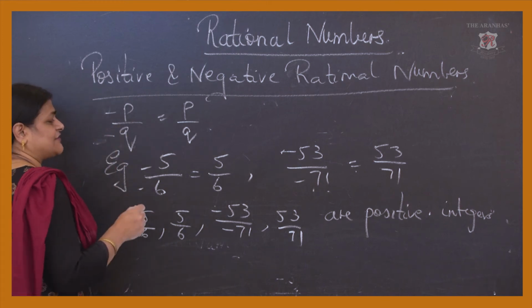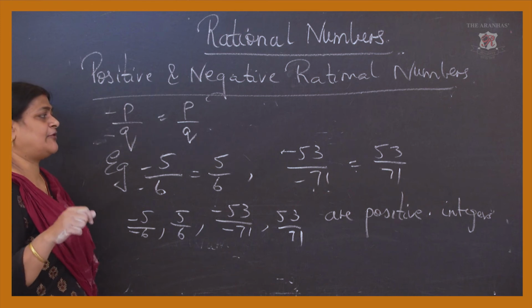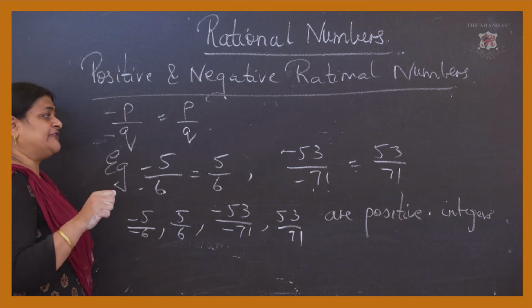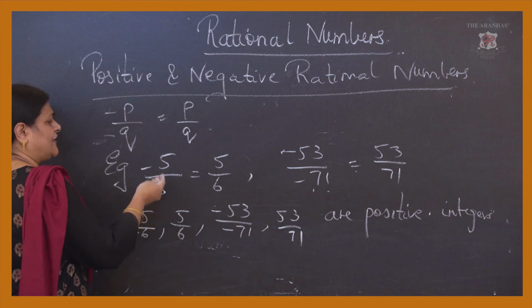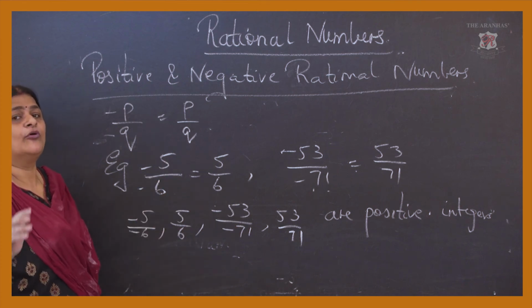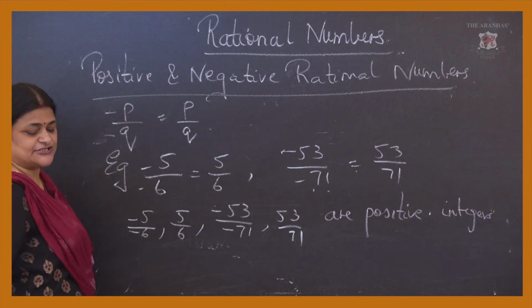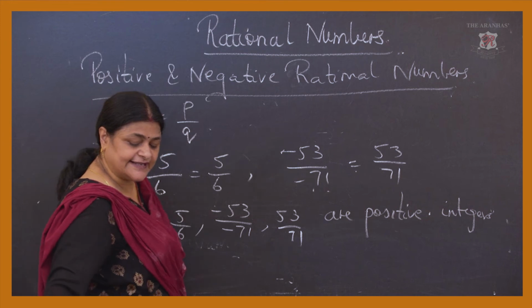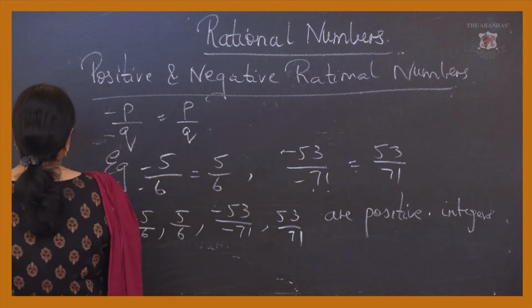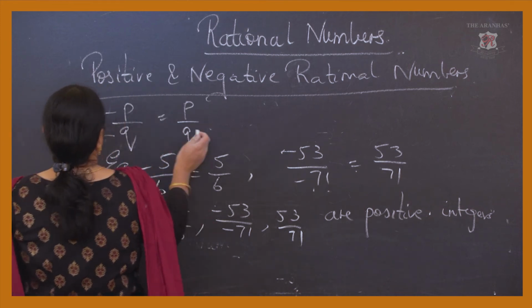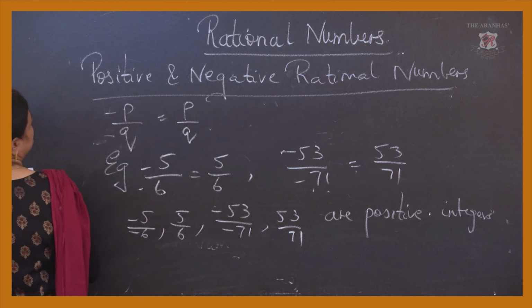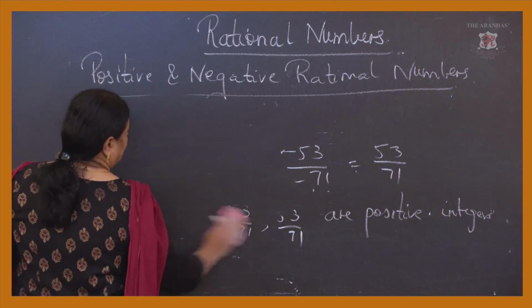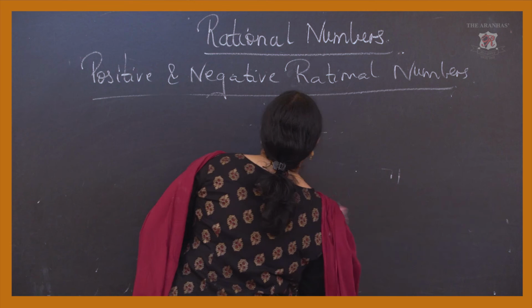So minus 5 upon minus 6 is equal to 5 upon 6, minus 53 upon minus 71 will give you 53 upon 71. So all these, whether you get them with negative or positive signs, are positive rational numbers. Next will be negative rational numbers.